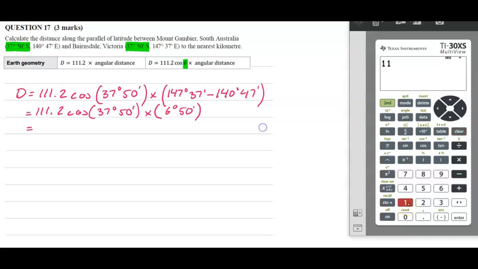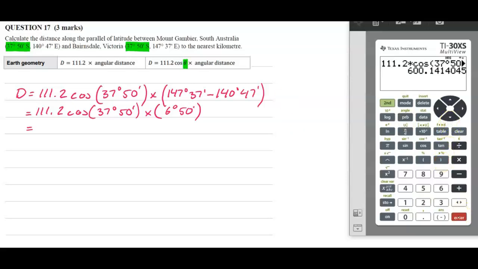All right, inputting all this information into our calculator then. 111.2 times cos of 37 degrees and 50 minutes. Making sure you close your brackets here. Multiplied by our angular distance of 6 degrees and 50 minutes. Closing our brackets once again.